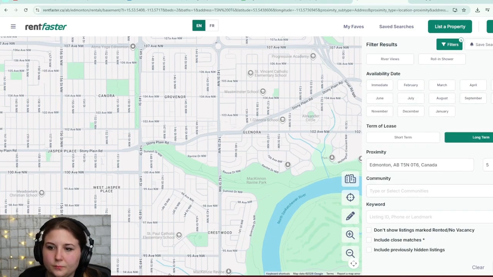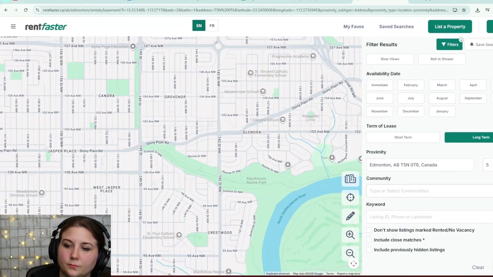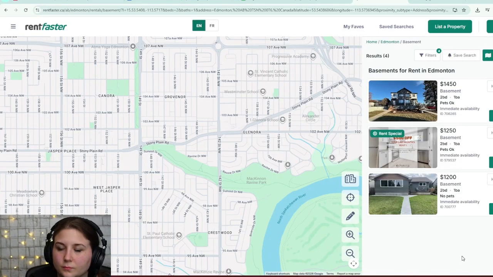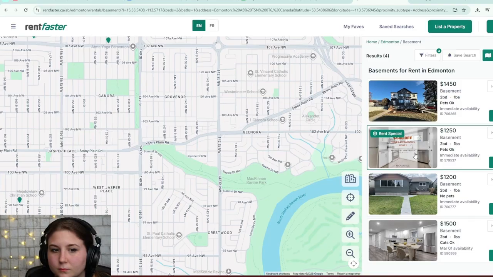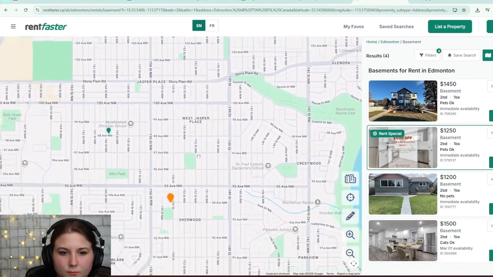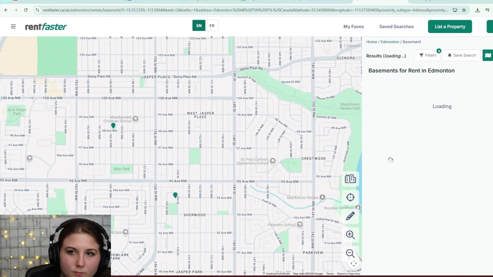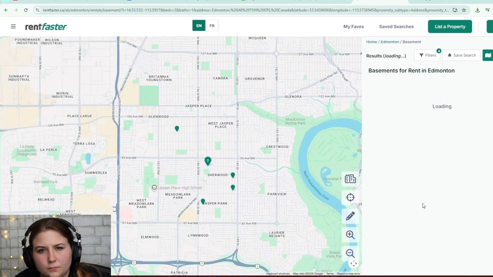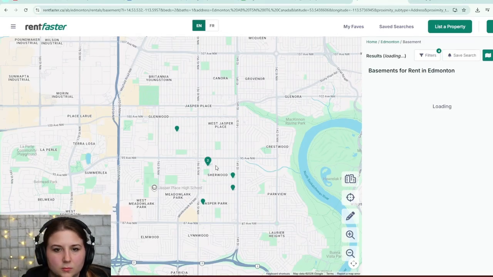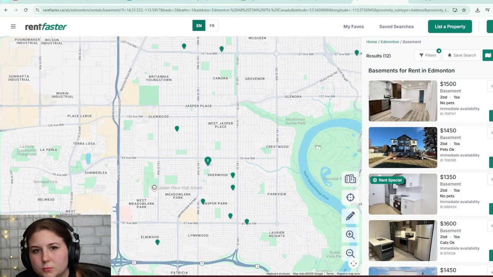That'll help. Search. Interesting. We're gonna pull from... Oh, there we go.